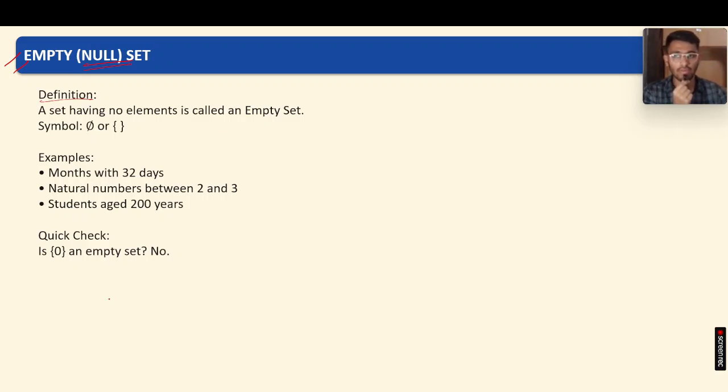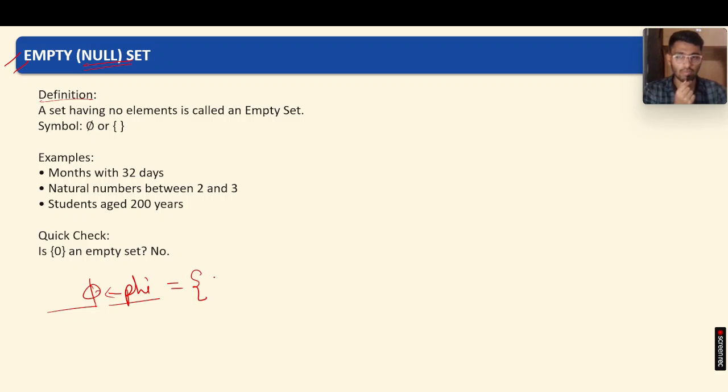It is denoted by two notations. One is phi, which you can pronounce as phi. The other notation is two curly braces with nothing inside, no element.